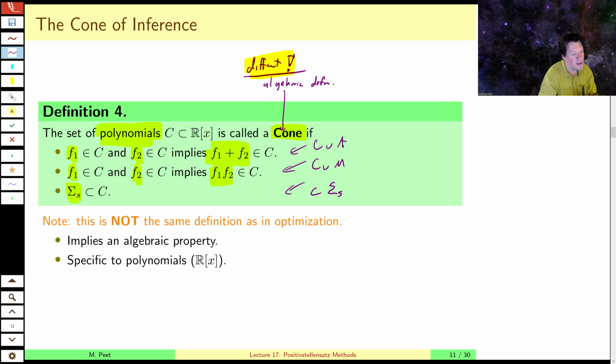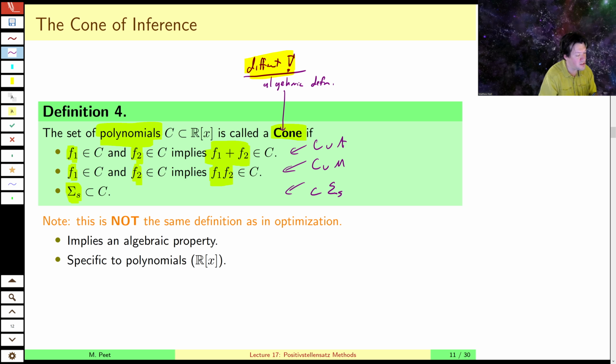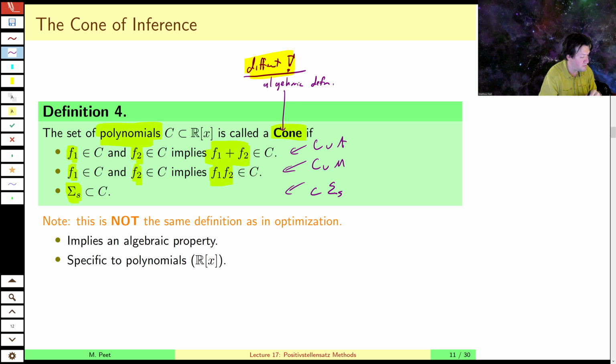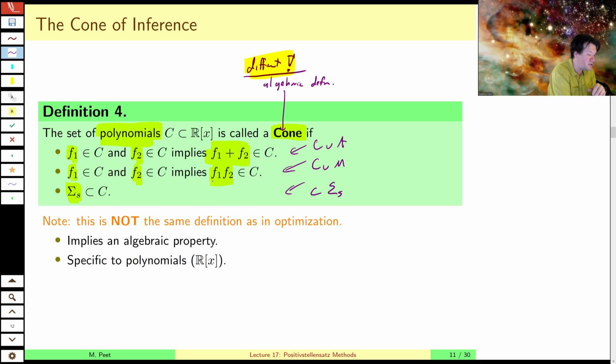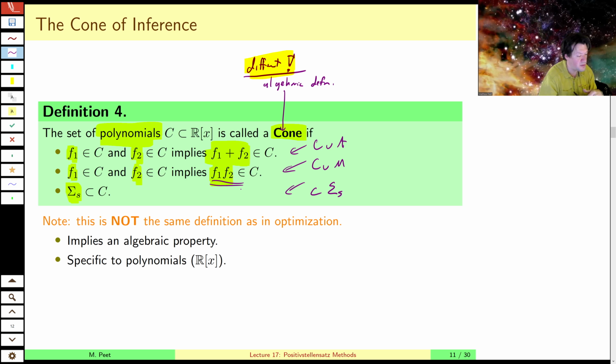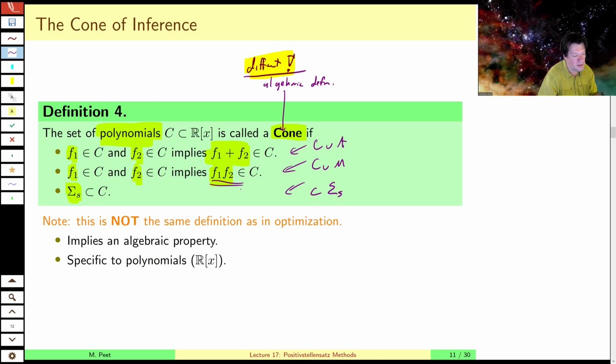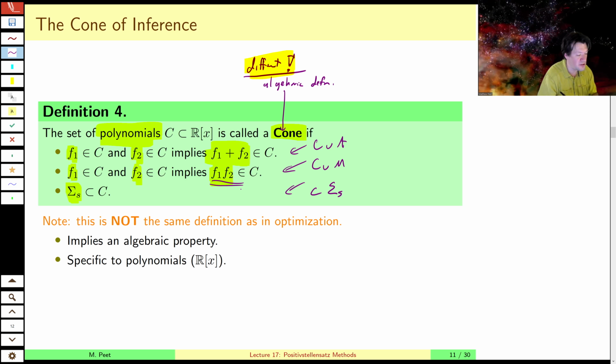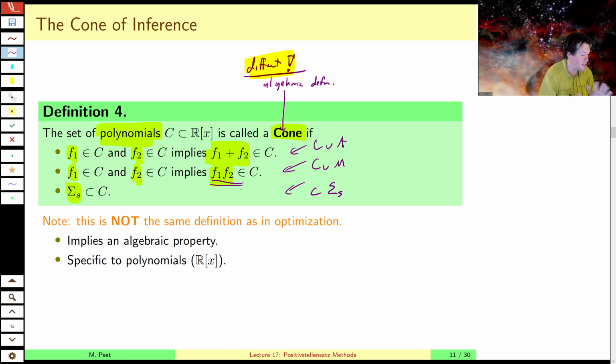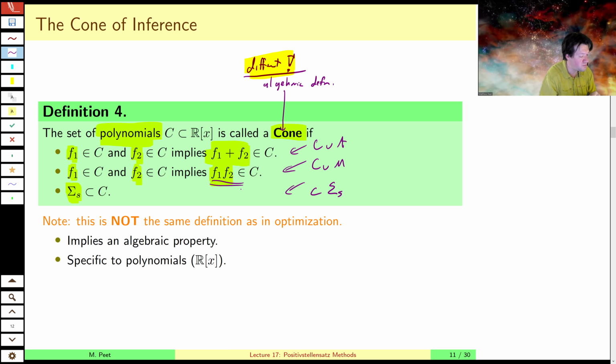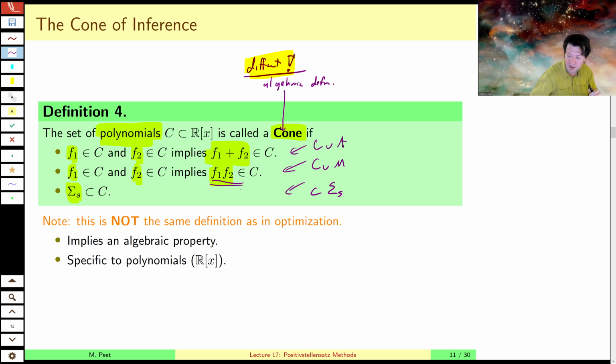Right, so there's three types of valid inferences that we talked about on the previous slide. It's not, of course, actually a cone because of this algebraic thing, right? It's closed under composition, which when we have vector spaces aren't algebras, so it doesn't even make sense. It only works for algebraic sets.